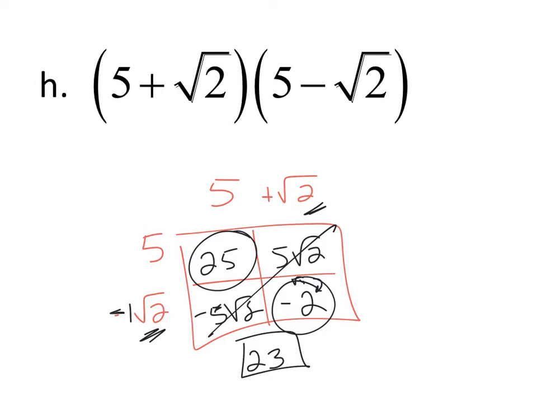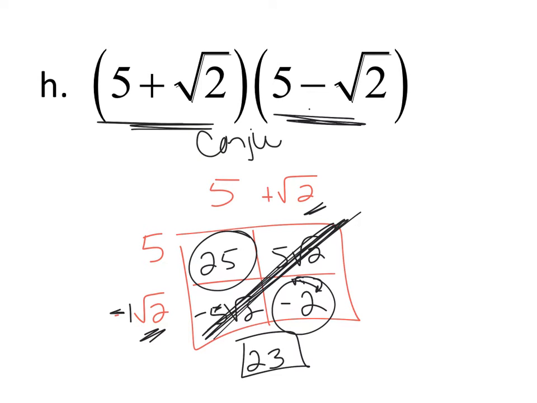Whenever you have a binomial with a number and a radical, and you're multiplying them and they're opposite signs, the insides always cancel out. It's very similar to difference of squares, where when you multiply the factors out, the middle terms cancel. These are called conjugate pairs.